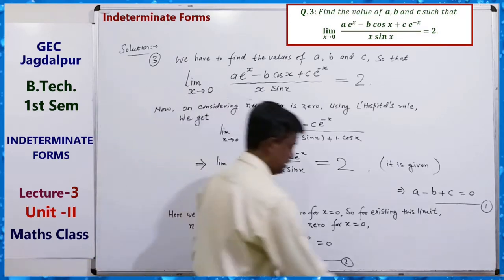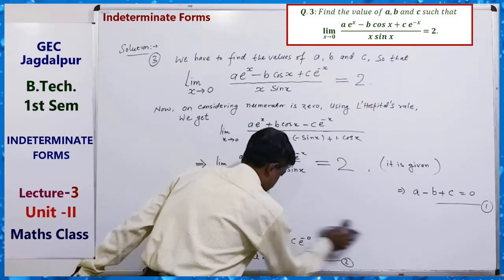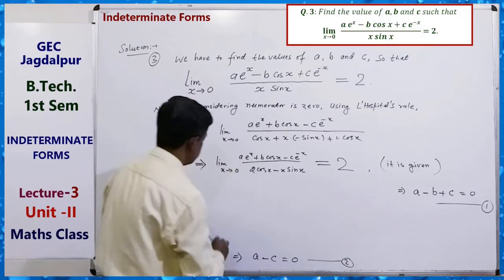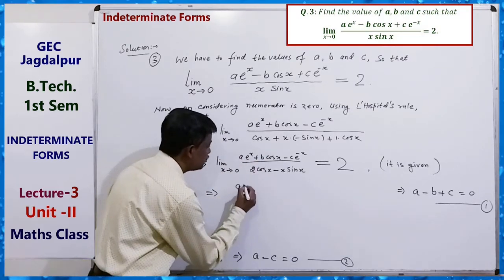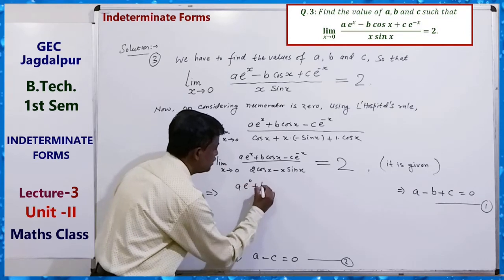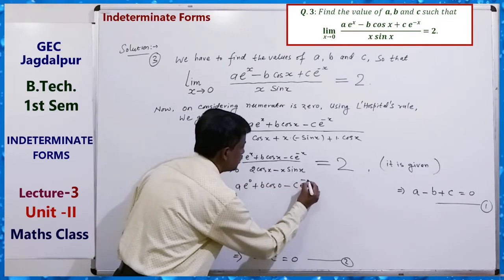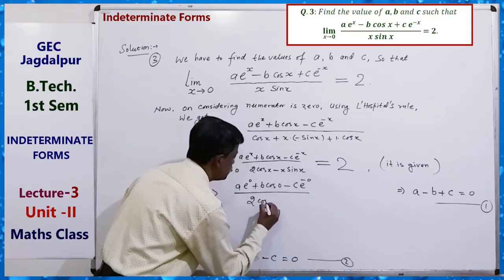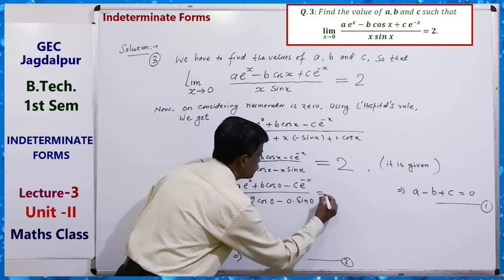Now solve it. Okay. So just put the value: a e to the power 0 plus b cos 0 minus c e to the power minus 0, upon here 2 cos 0 minus 0 into sin 0, equals to 2.